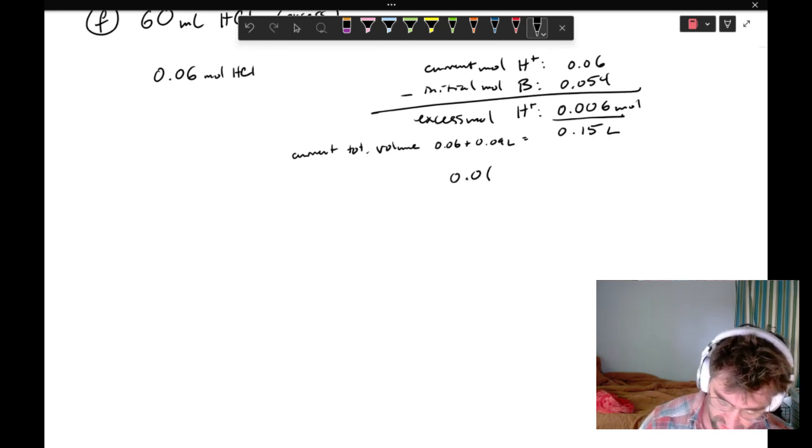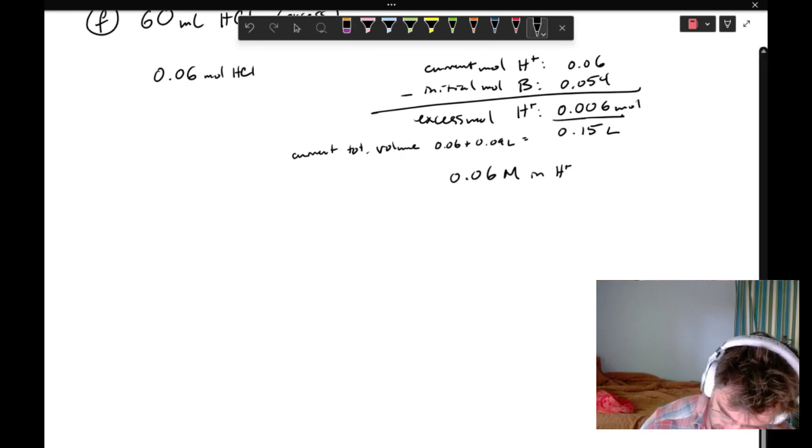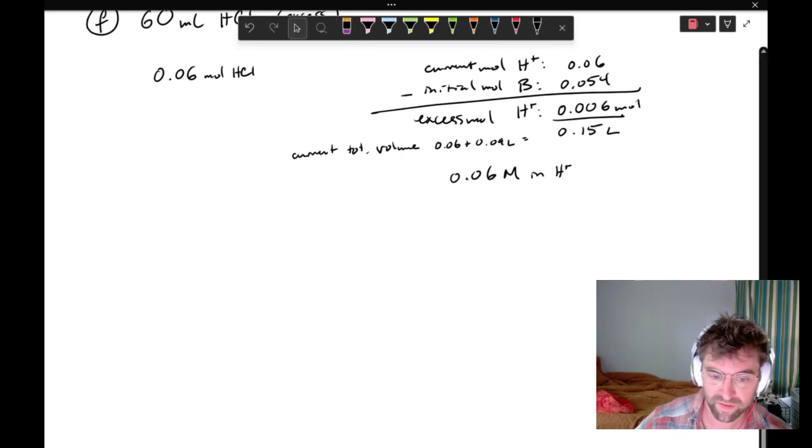We are 0.04 molar. And actually not HCl, we just care about the protons.